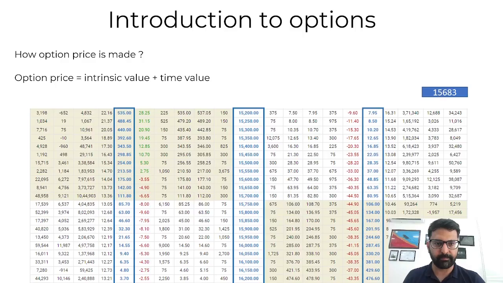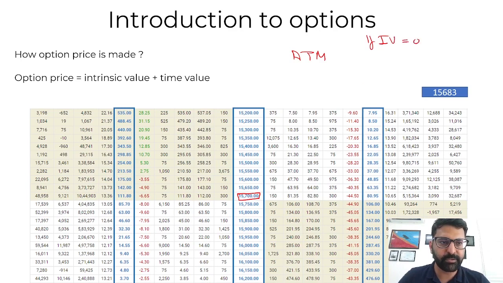Now we can also quickly understand what is ATM, at the money. Whichever strike is nearest to the spot, that is called the at the money strike. So in this case, 15,700 is the at the money strike. Now, wherever the intrinsic value is 0, the strike is called OTM.